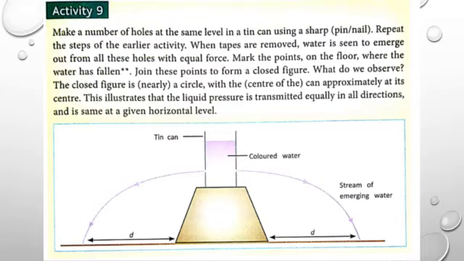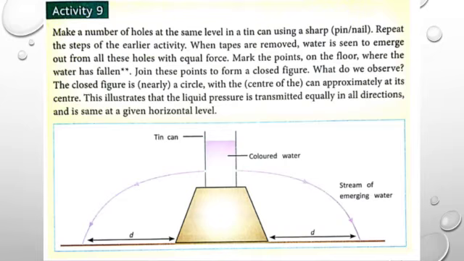A can is taken and a number of holes at the same level are made using a sharp pin. Now what will we do? We will cover these holes with sellotape and fill this container with water. When we remove the tape, water will emerge from all these holes with equal force.